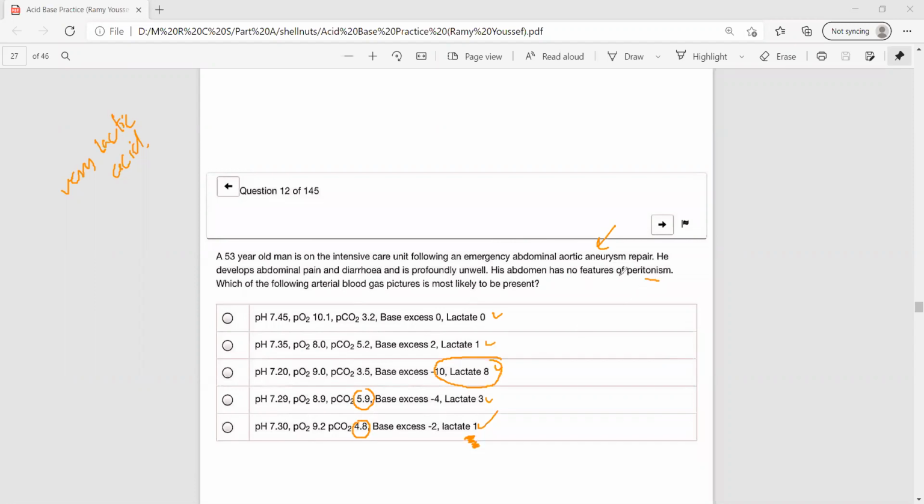This patient doesn't have hemorrhage, there's no feature of hemorrhage, but the patient has ischemia. So I can exclude this because CO2 can't be high normal. So I am between C and E. In C, the lactate is high. In E, the lactate is low. So I'll go for C, and C is the answer.